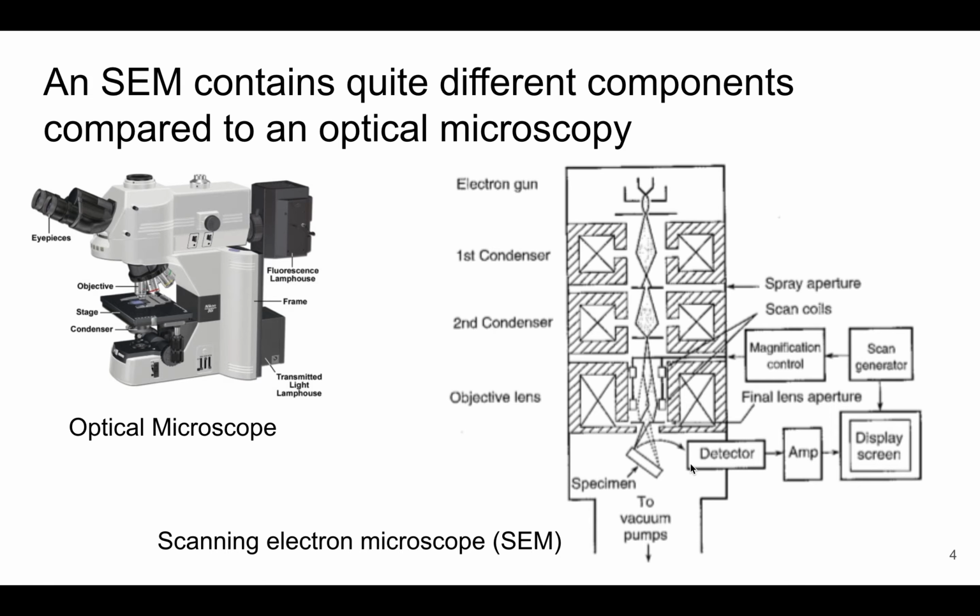Another portion, which is a little hard to see on this diagram, is referred to as scan coils near the objective lens. This is the part that is most different from a light microscope, because in this type of microscope, we're creating a very fine beam and then scanning it across the surface to prepare a much larger image.